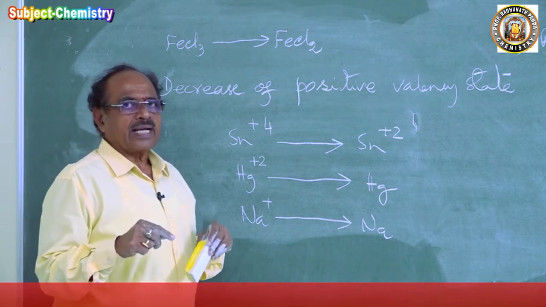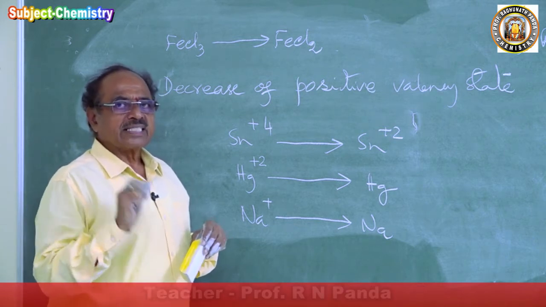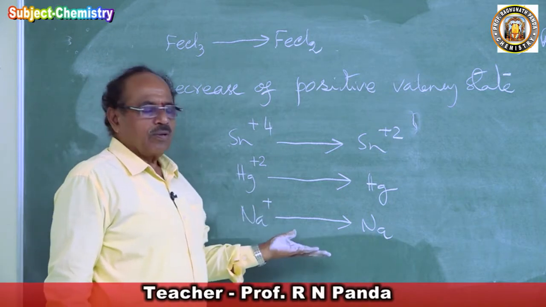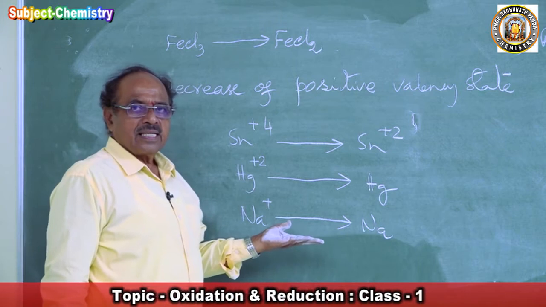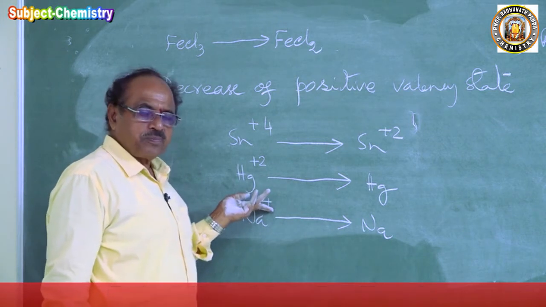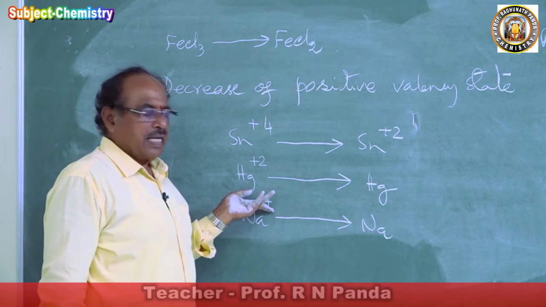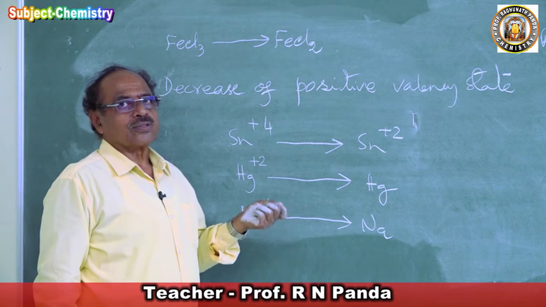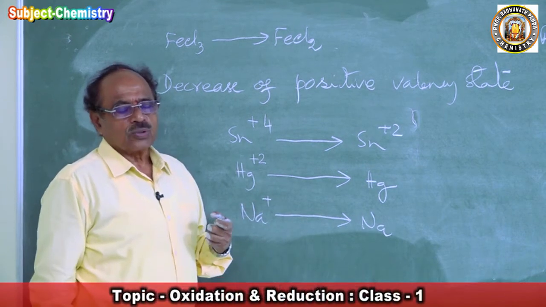In sodium chloride, the valence state of sodium is plus 1 and we will do the electrolysis. During electrolysis, 1 electron is added to sodium plus and this forms metallic sodium. We call the process electrolytic reduction of sodium chloride.